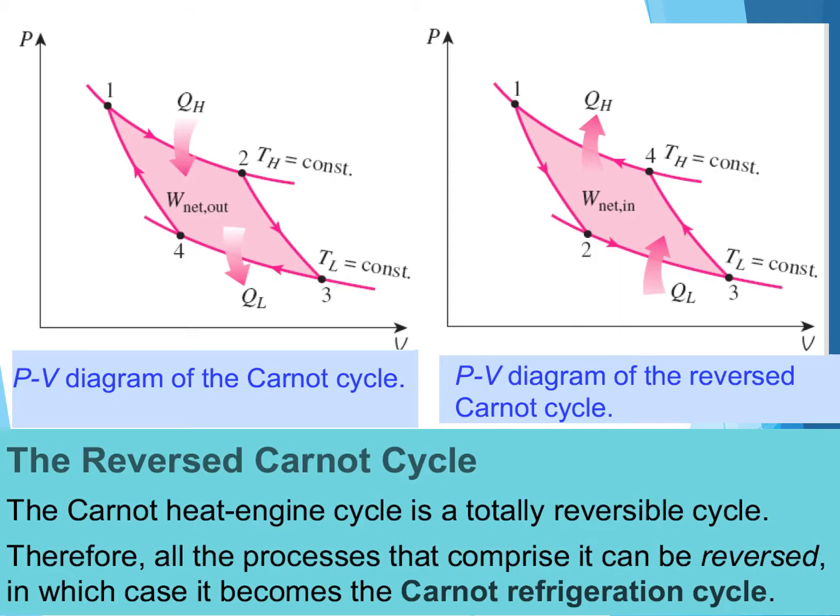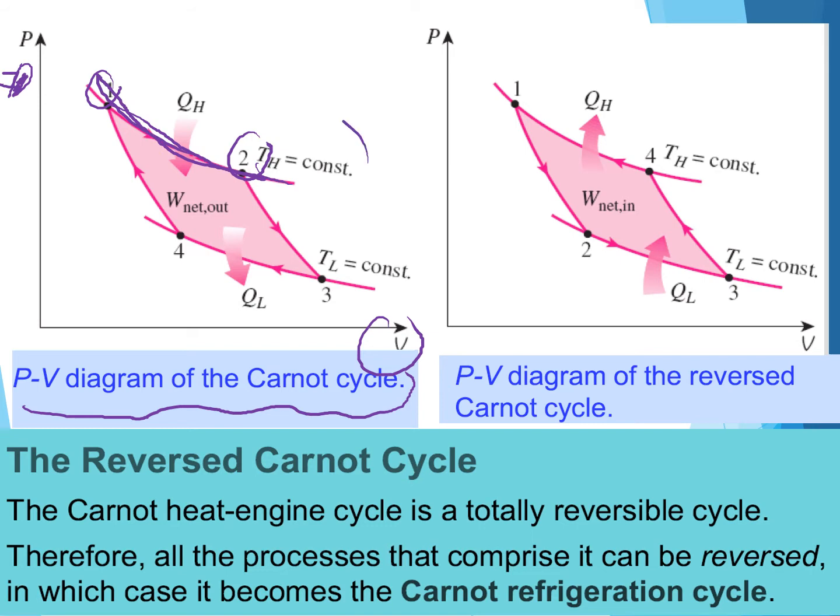Okay, as you can see from the slide, the first figure illustrates the PV diagram of the Carnot cycle. So the first process from state 1 to state 2 is the isothermal expansion, because you have an increase in volume here, and because it is isothermal, T is constant.